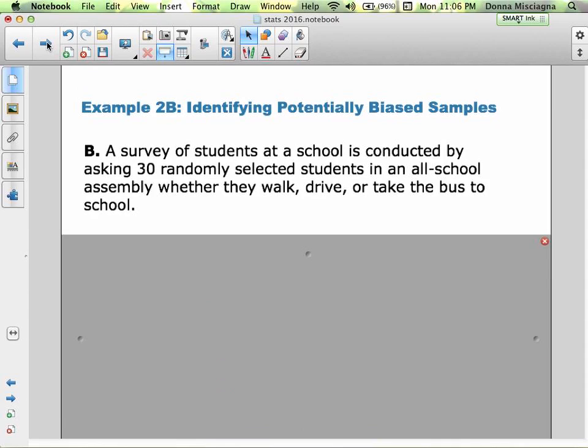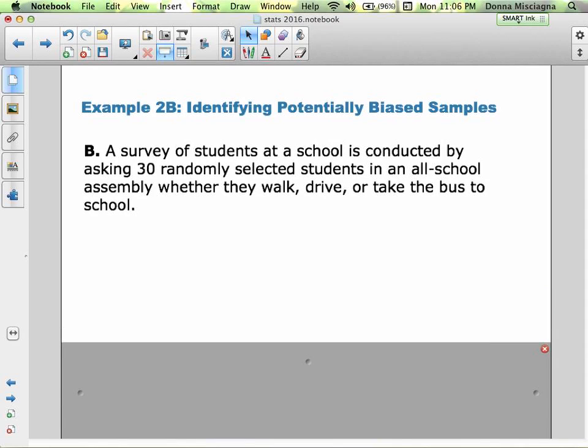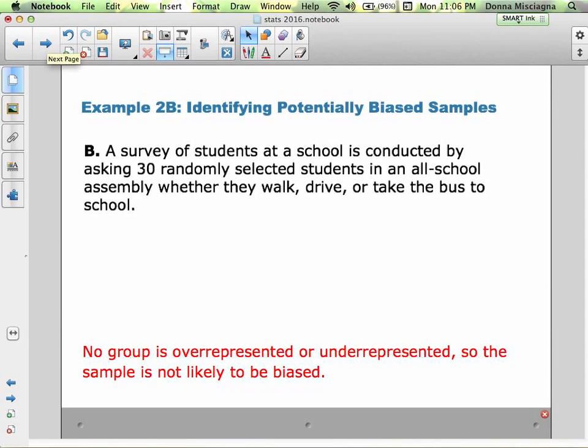A survey of students at a school is conducted by asking 30 randomly selected students in an all-school assembly whether they walk, drive, or take the bus to school. What do you think? Is this a random sample or not? What's your vote? Survey says no group was underrepresented or overrepresented.